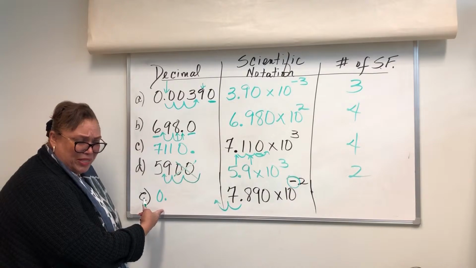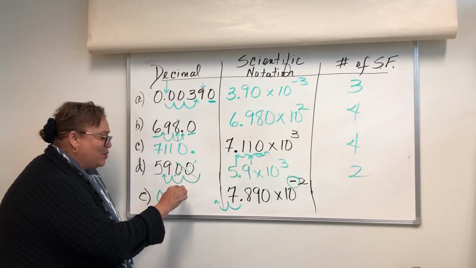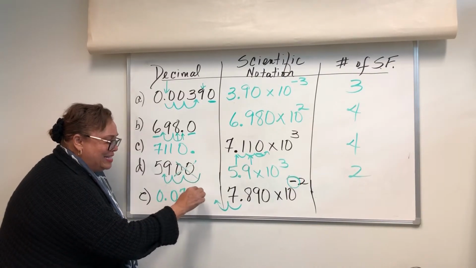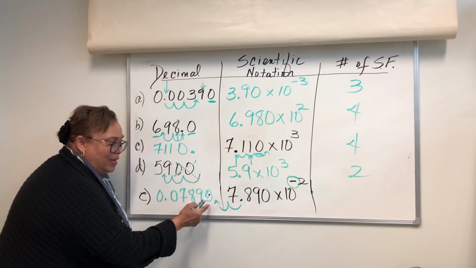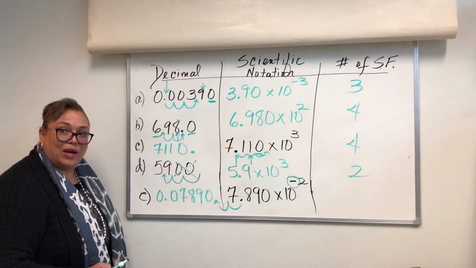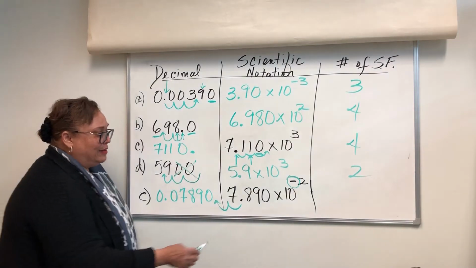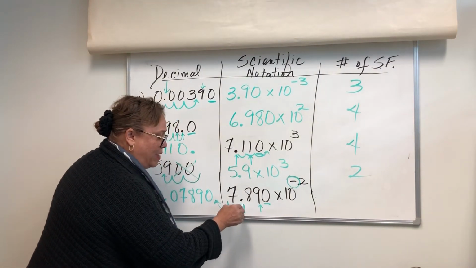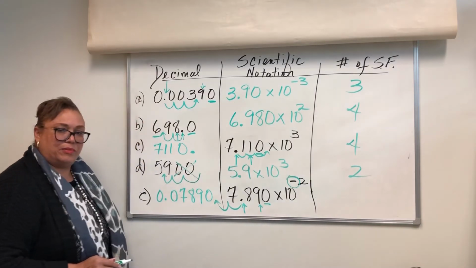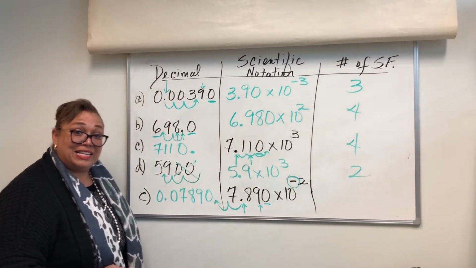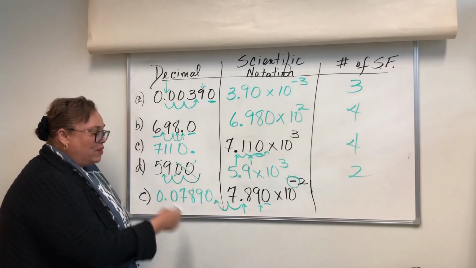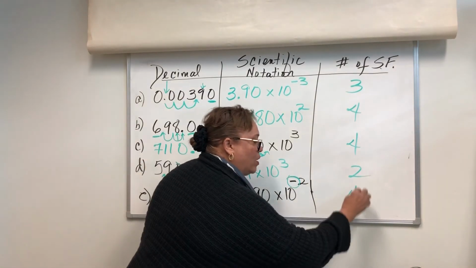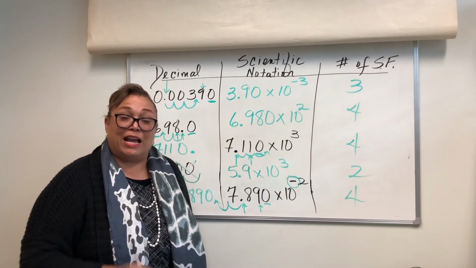Okay, I'm old. People need to see that. Then we start 0, 7, 8, 9. Look at me. A 0 at the end. Why did I do that again? Because the 0 is behind a sig fig and behind a decimal point simultaneously. It is significant. So how many sig figs do I have? 4. Very good.